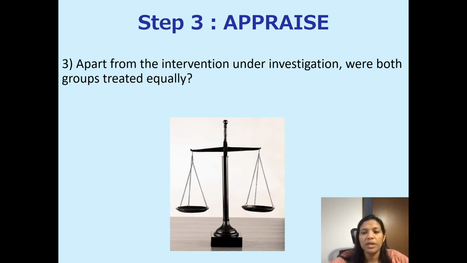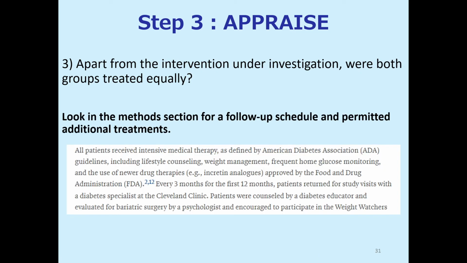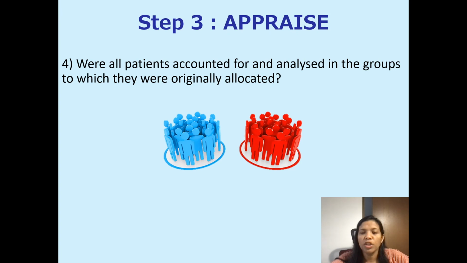So the third question is, apart from the intervention under investigation, were both groups treated equally? To answer this question, we have to look into the methods section for a follow-up schedule and permitted additional treatments. The fourth question is, were all the patients accounted for and analyzed in the groups to which they were originally allocated?